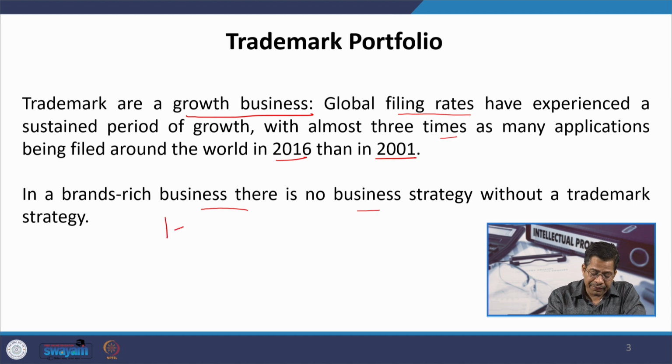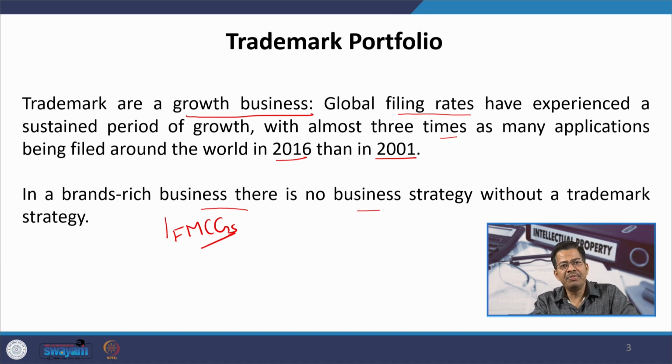Particularly if I talk of FMCGs, fast moving consumer goods, it is impossible to survive in that market without creating your brands. There is a very popular startup from India, and the success of that startup is only because of developing a good brand for itself.